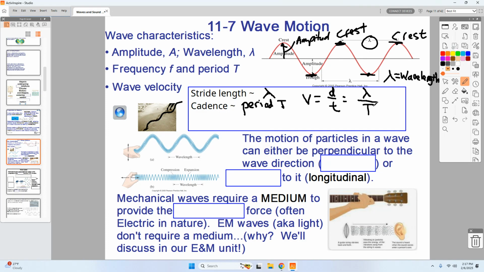And because frequency and period are related through this equation, I could say that the velocity of a wave is equal to its wavelength multiplied by its frequency.